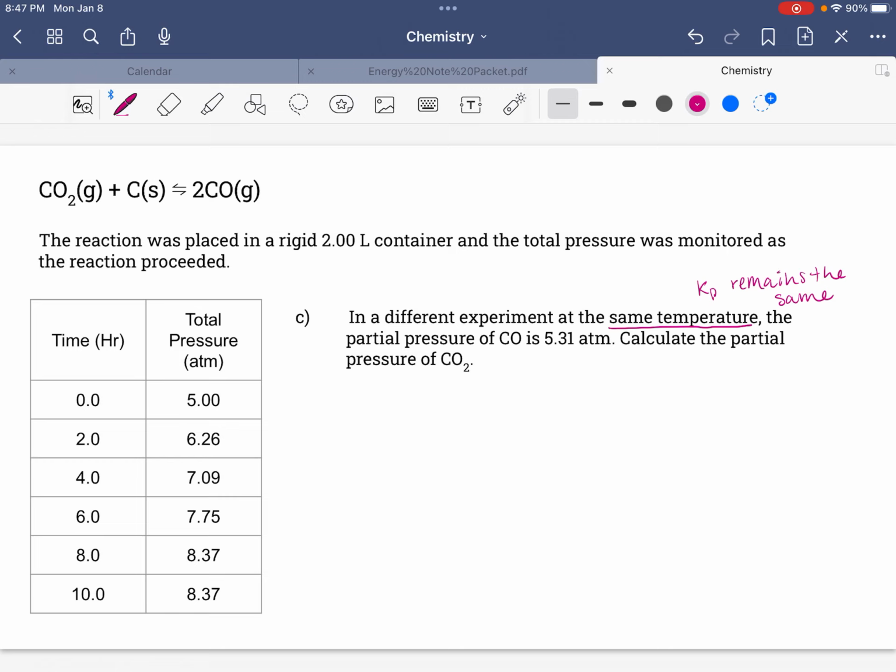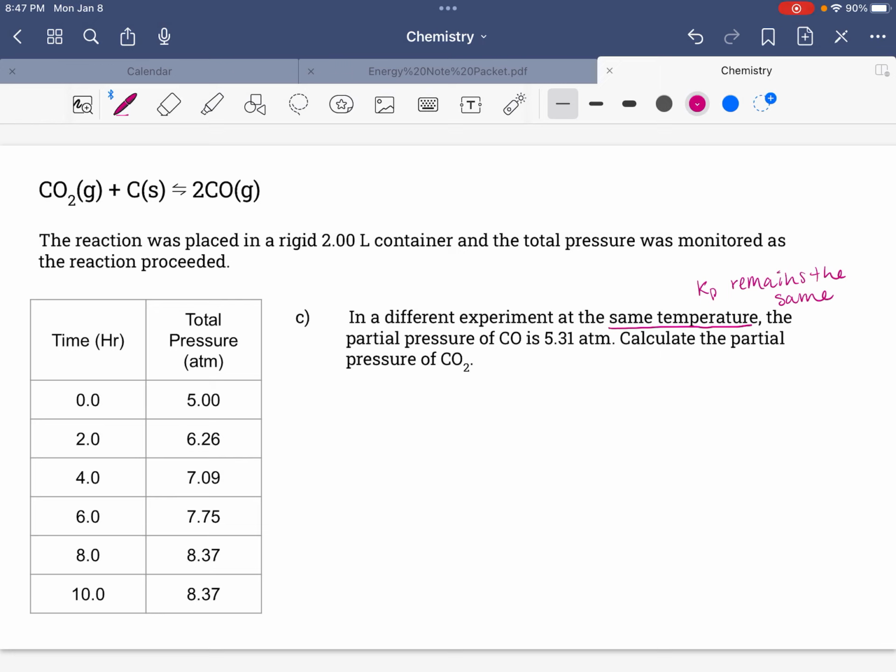If we use the equation that we used previously, our Kp is equal to our CO squared over our partial pressure of CO2.